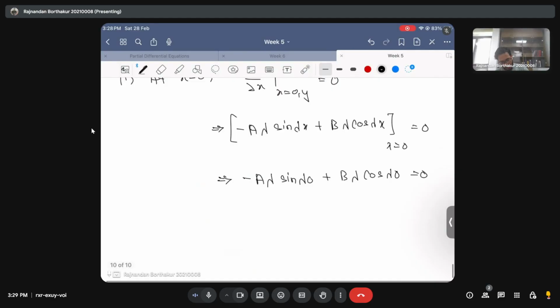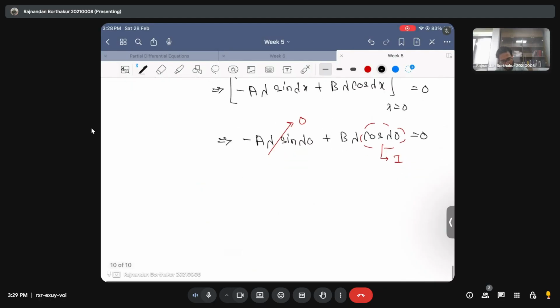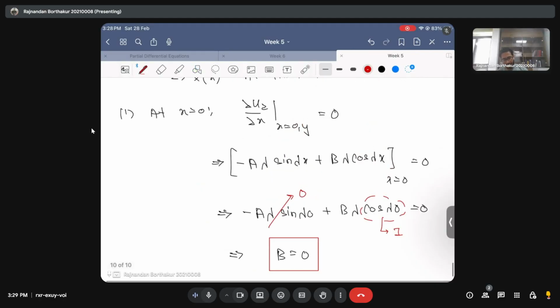So this term will anyway go to 0, while cos lambda 0 is just cos 0, which is equal to 1, which means that for this to be equal to 0, I should have b equal to 0. Okay, so that's the condition that you get when you use the fact that del u2 by del x evaluated at x equal to 0 is 0.